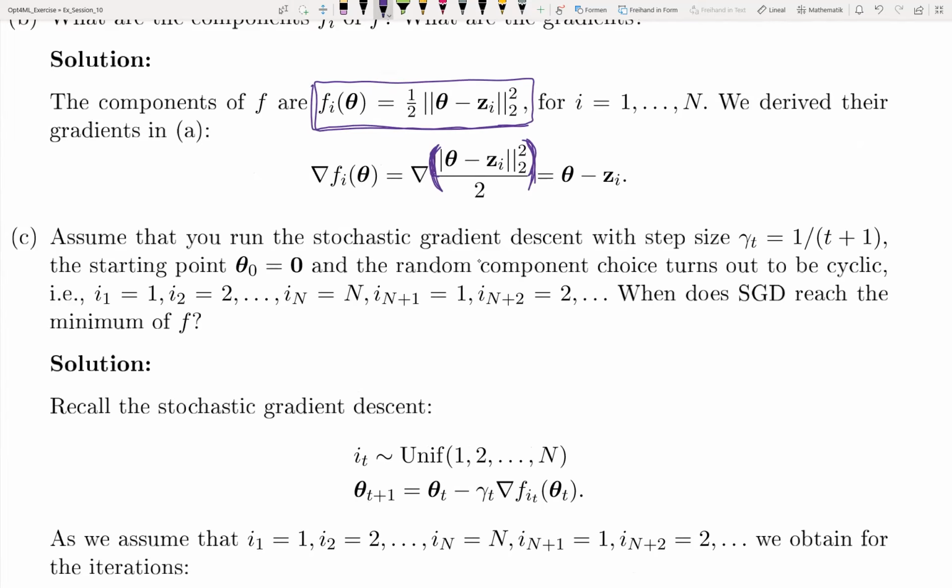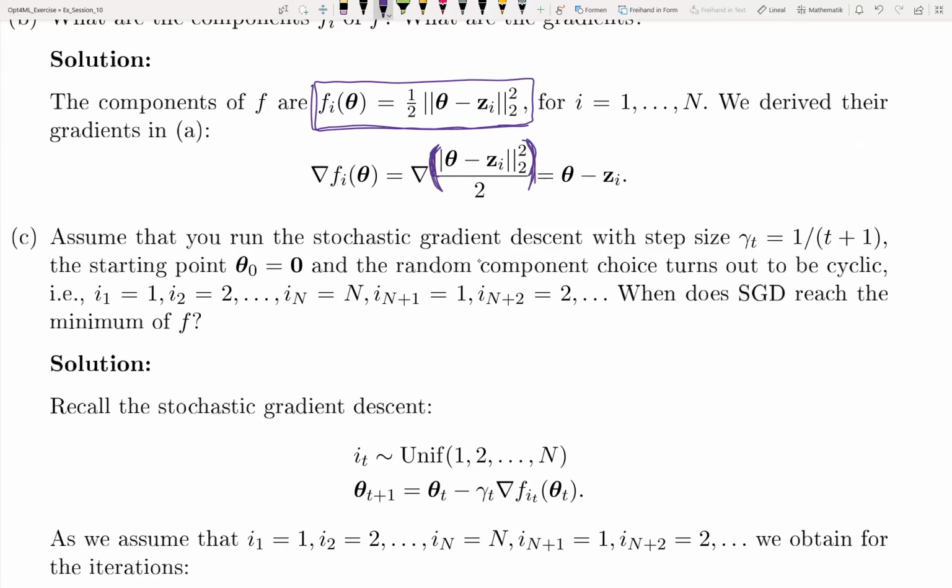And now assume our random choice, the seed, was such that every time we sampled one of these component entries, it turned out to be cyclic. The chances are not high that you get this, but the chances are not 0. So it can happen that you get exactly this cyclic.